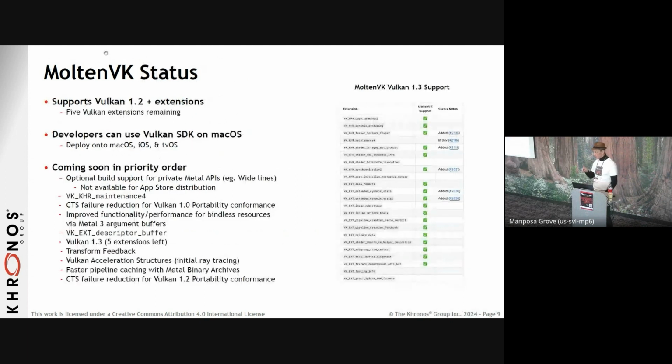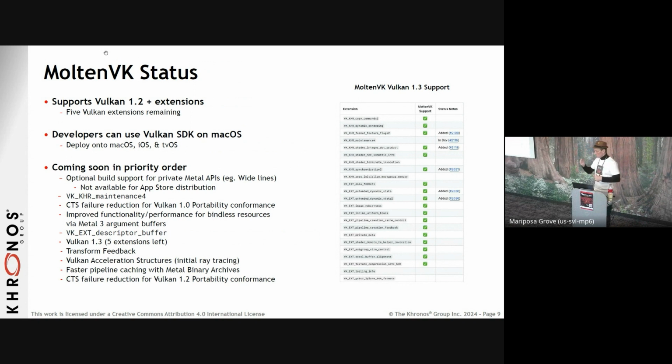And for those in the room today, here's a list of where we are. Transform feedback is sitting there waiting to get the final pegs put in to make it happen. Acceleration structures for ray tracing are actively there. So there's a whole bunch of WIP, work in progress, PRs, pull requests, out there, so please come and have a look at them.